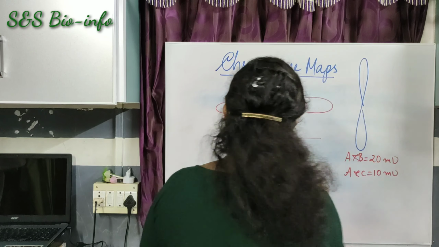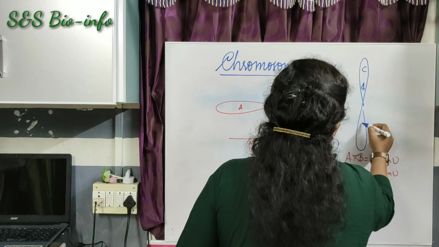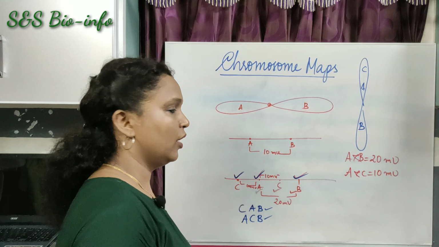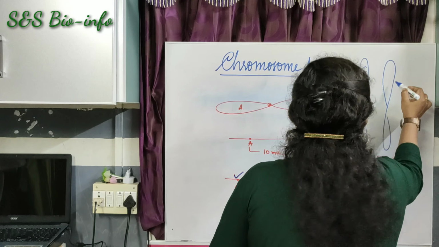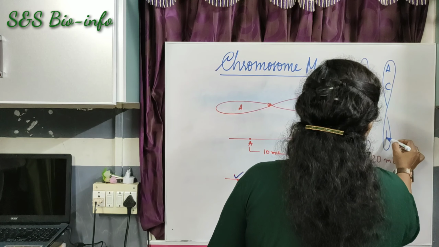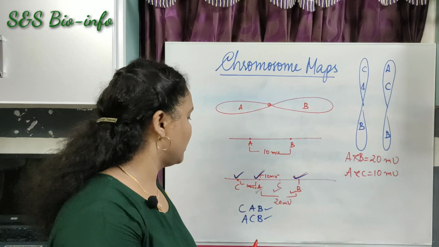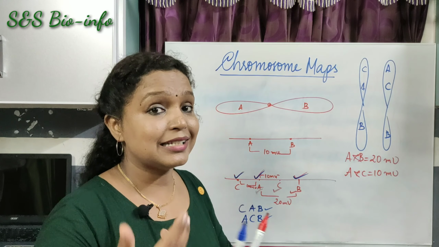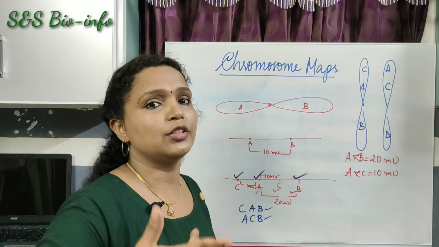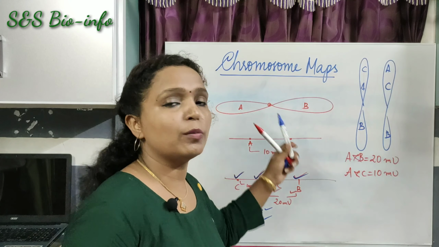Suppose for one chromosome the first arrangement is C, A, B, then the second arrangement can be represented like this, A, C, B. So from this arrangement we can make a chromosome map by understanding the distance between the two genes in the chromosome. That is the meaning of the chromosome map.